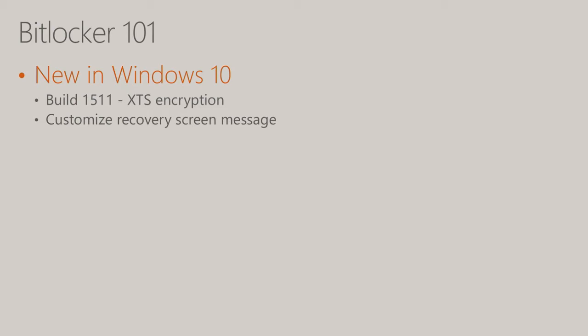Because all my Windows 7 was defaulted to 128 with diffuser, and now I have a different encryption for Windows 8. In Windows 10, we decided we wanted to throw another thing at you, and now you have XTS encryption. Diffuser wasn't a true standard per se, so we were trying to take that away, and then we're like, okay, now we've got another standard, so we kind of expanded it back.